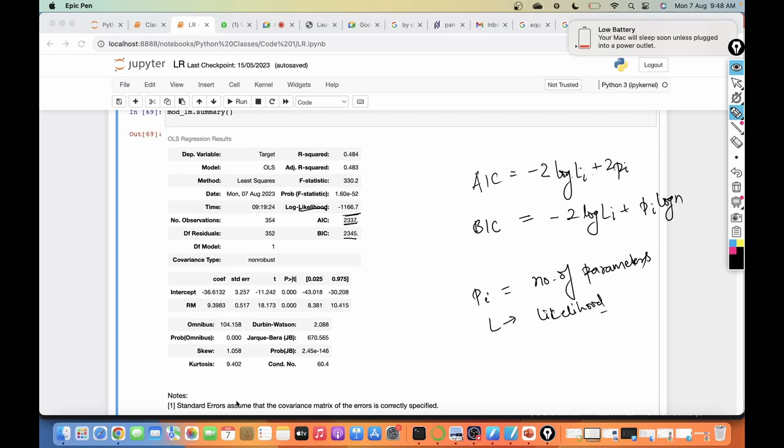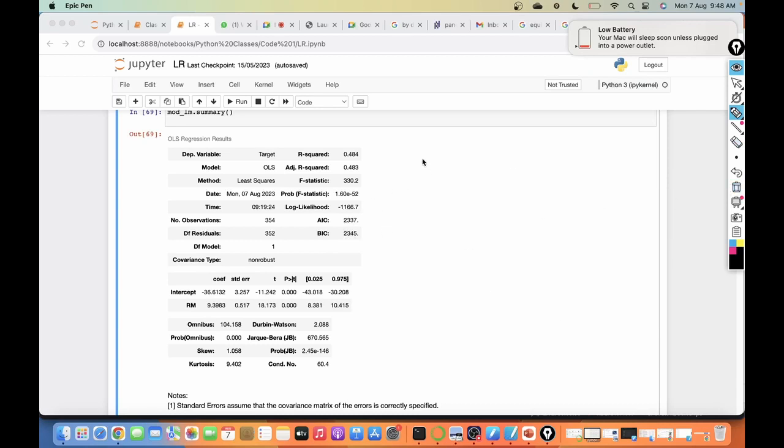We prefer AIC over BIC. Now, for example, you make a model and it has an AIC of x1, and again you build a model with different independent variables which has an AIC of x2.